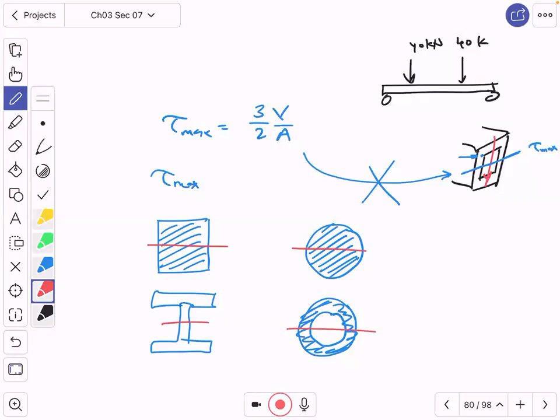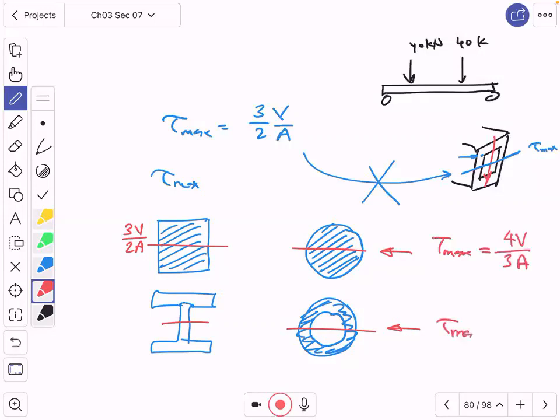The equation for tau maximum for these geometries was given for each one alone. For the rectangle, it was given as 3V/2A. This equation is not the same as this one. For this one, tau maximum is equal to 4V/3A.